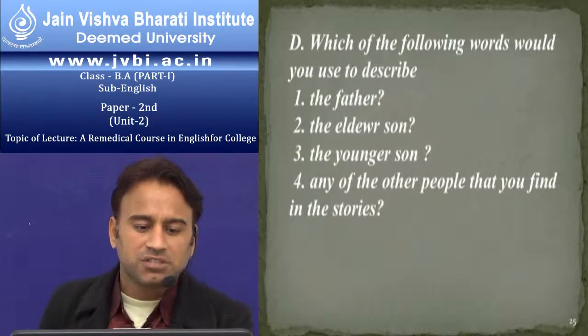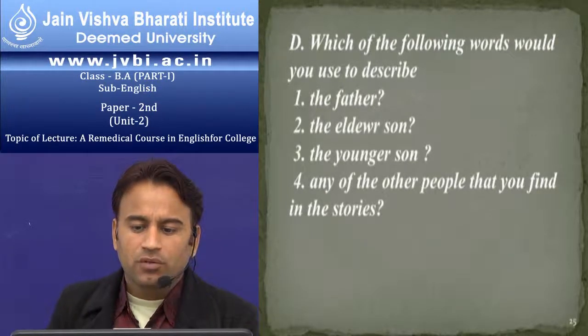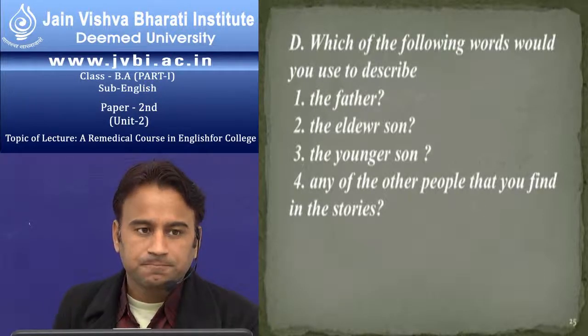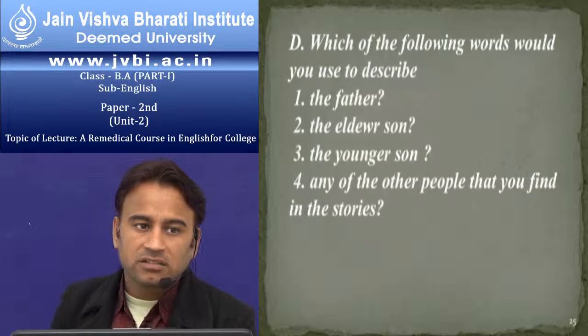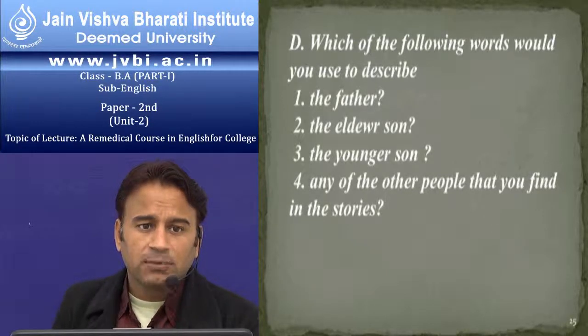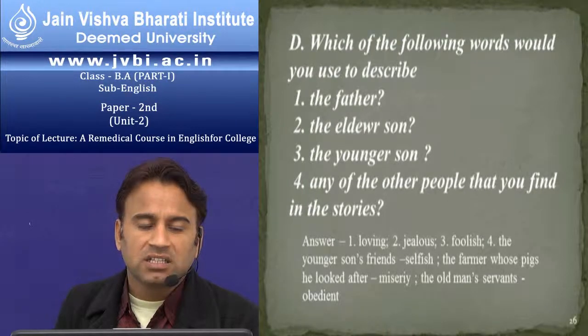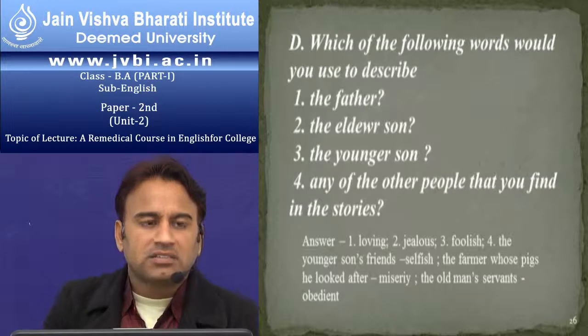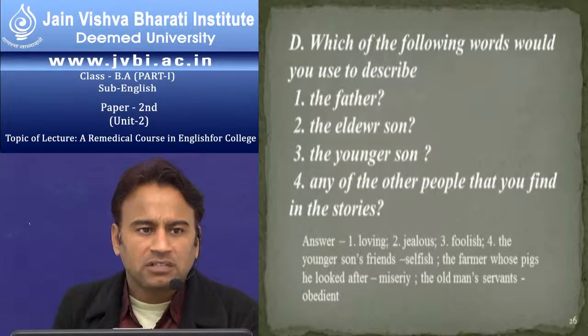Now, the exercise D. Which of the following words would you use to describe the father? The elder son, the younger son, any of the other people that you find in the story, such as the farmer. Now look at the answers. The father is a very loving personality.